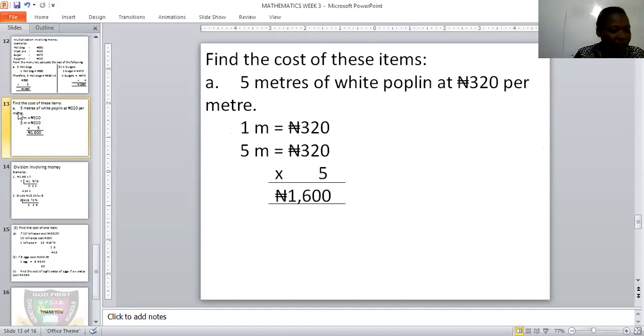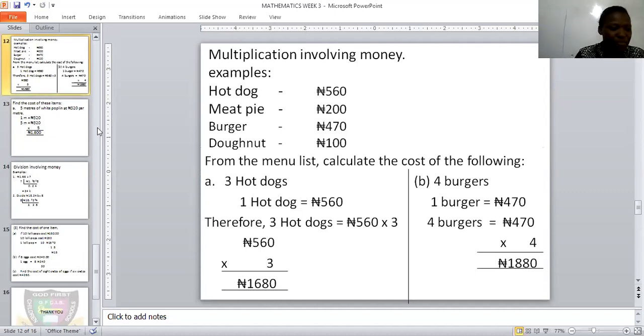Before the cost of these items, let's look at the cost of 6 meat pies, knowing quite well that one meat pie goes for 200 naira.